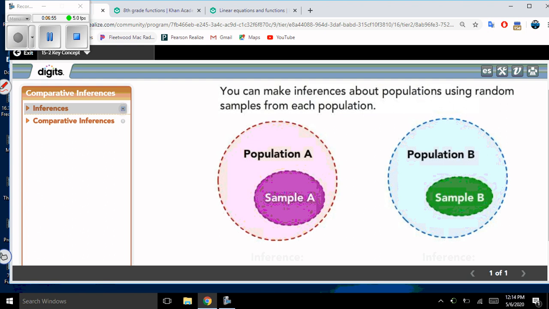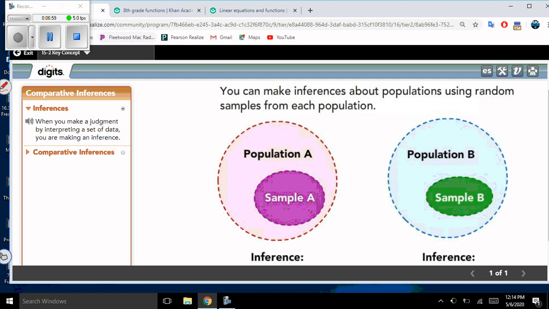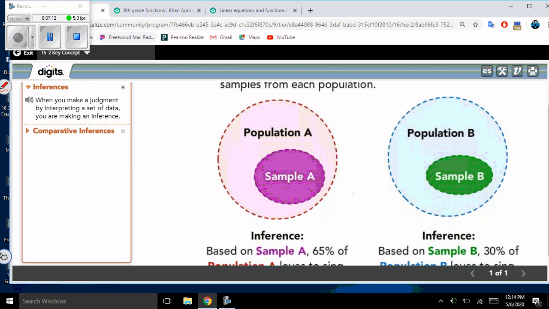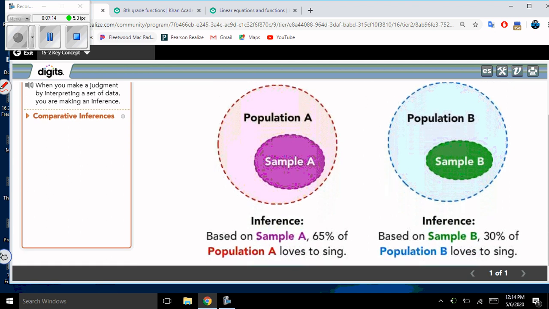If we're talking about inferences, inferences are when you make a judgment by looking at some data, okay? An educated guess, this would be comparable to an educated guess in science class, I would say. So in this particular situation, based upon sample A, 65% of the population A loves to sing, and based upon sample B, they're saying 30% of the population loves to sing.